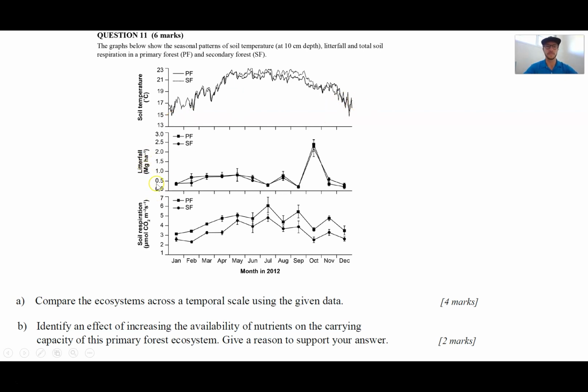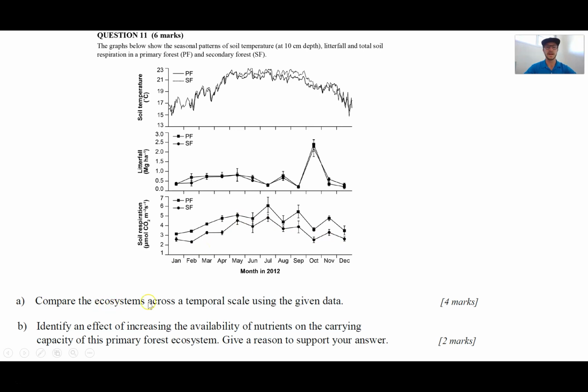The litterfall was fairly consistent with some low points here, but with a big peak in October for both primary and secondary forests. Whereas for soil respiration, we can see there's a bit of a separation now between the two. The secondary forest, represented by these solid circles, is still in a similar pattern to the primary, but just lower.